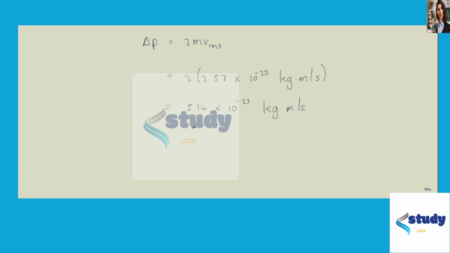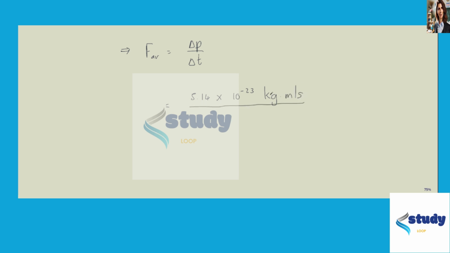So now that we have the change in momentum, we can calculate the force that is exerted on the wall. F is the change in momentum, delta P, over the change in time, or we can use an infinitesimal, dp/dt. So force is defined as the rate of change of momentum, dp/dt.